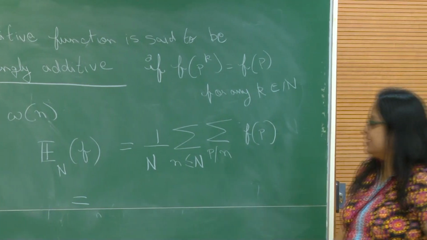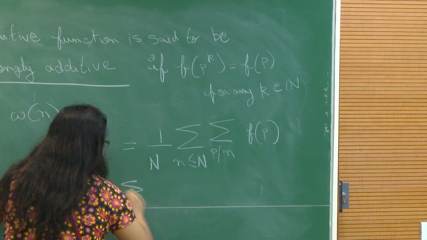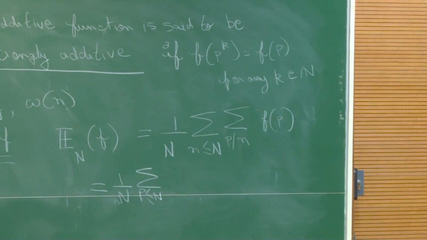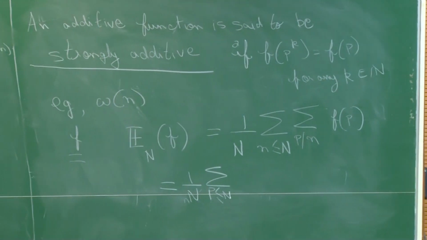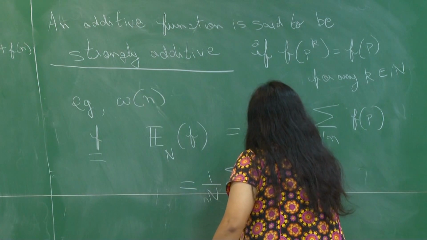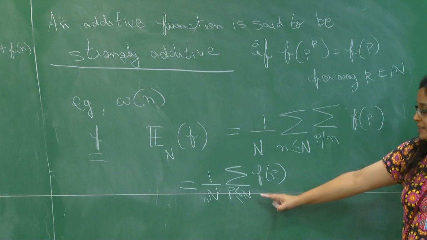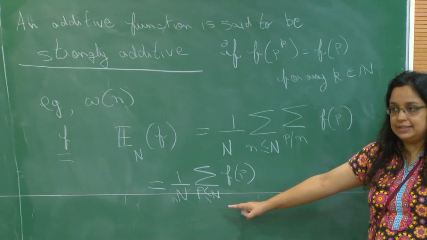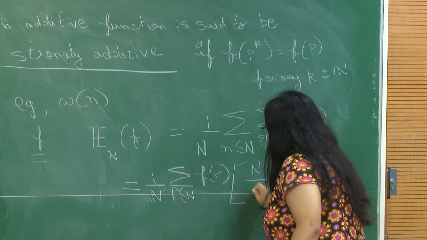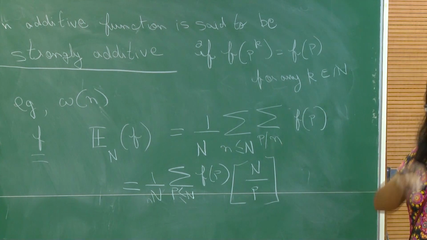And so, you interchange, and you go over all the primes up to N. You have f of p, and in the inner sum you will have all those multiples of p which are less than or equal to capital N, which is just our greatest integer function, floor of N over p.